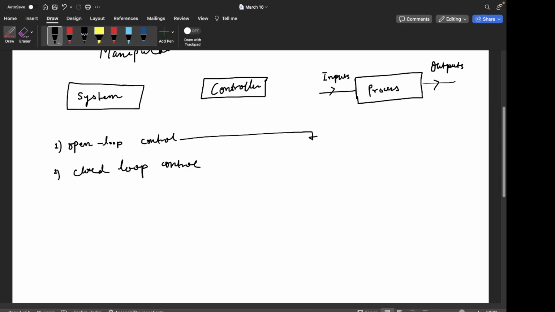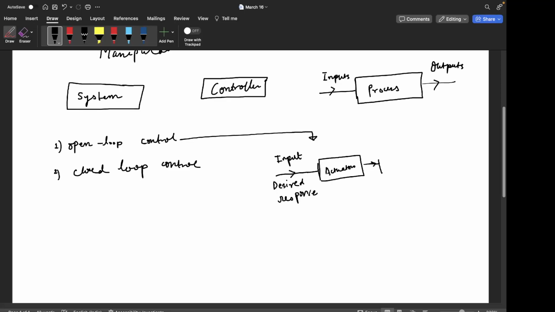A typical open loop control structure is that you have an input which is the desired response of your system, and this goes to your actuators.